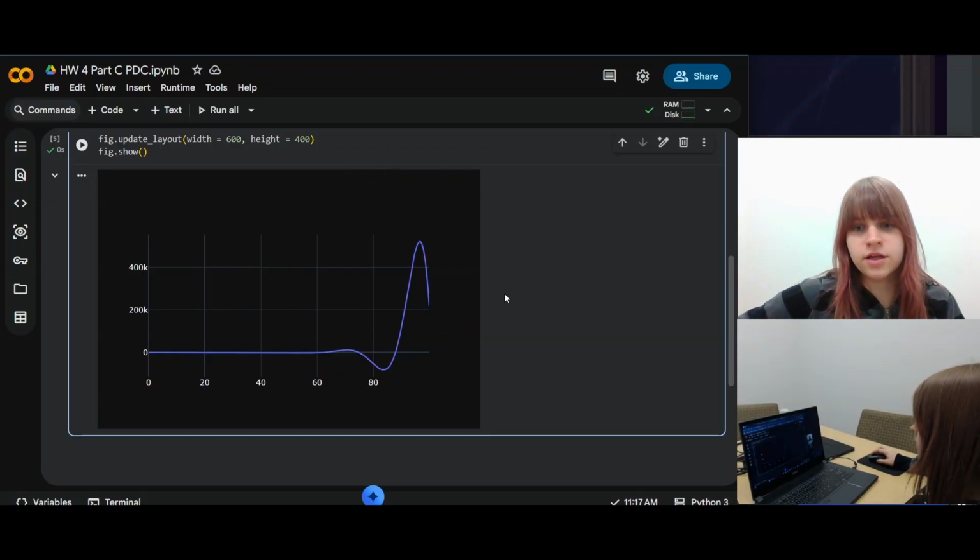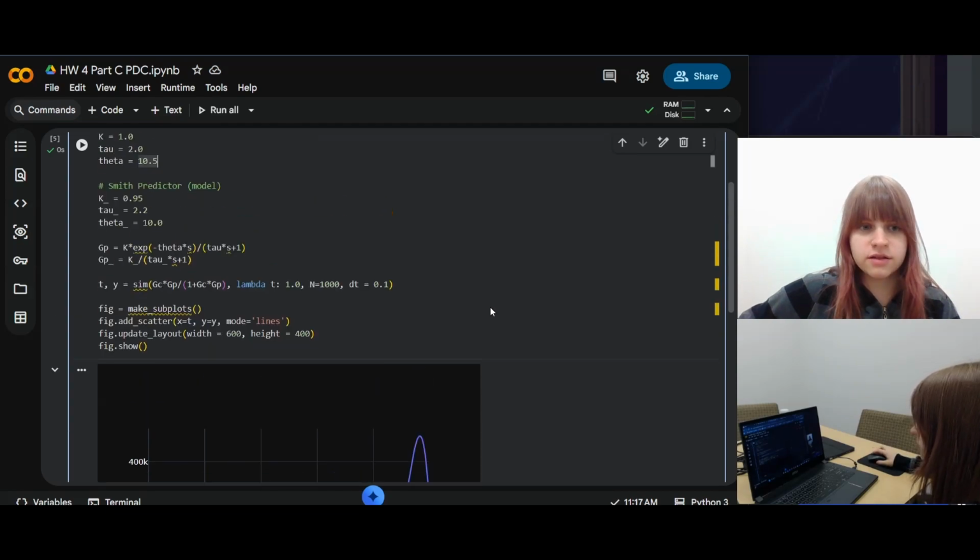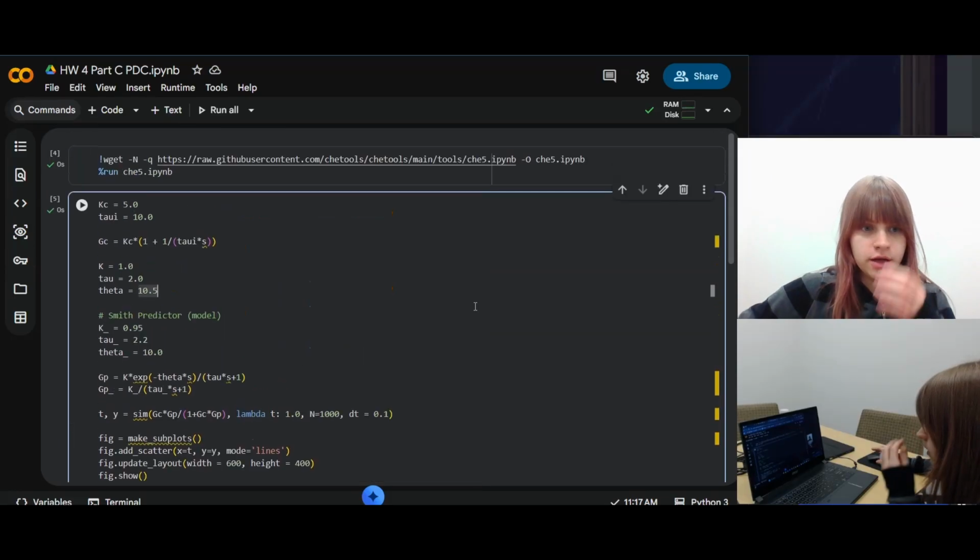And what we can see here, our x-axis is the time and our y is our output, and we are reaching thousands, which is obviously not correct. It's very unstable, and this is likely due to our large dead time that we have, as well as the mismatch between our actual parameters and our Smith predictor parameters.